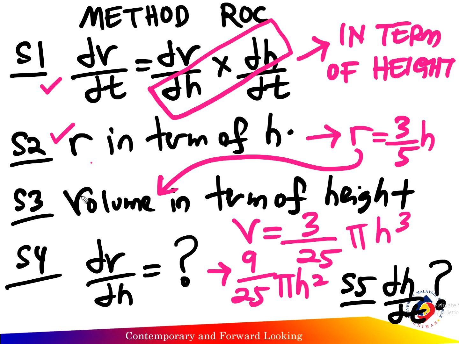And step 4, find the dV over dh and answer in terms of height. And step 5, you find the dh over dt. Yeah, rate of decrease of the height, and the sign of the dh over dt, you put the negative.